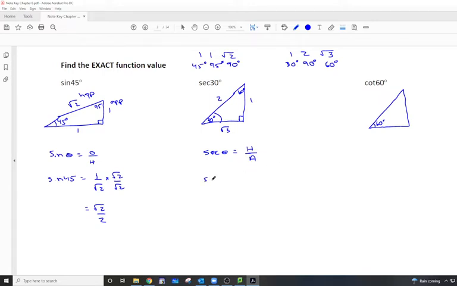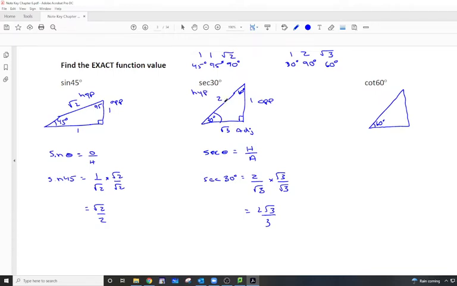So then the secant of 30 degrees is going to be the hypotenuse, which is 2, over the adjacent of 30 degrees, which is root 3. And again, we'd have to rationalize. And we get 2 root 3 over 3. Okay, so I probably should have labeled this: this is opposite, this is adjacent, and this is hypotenuse.